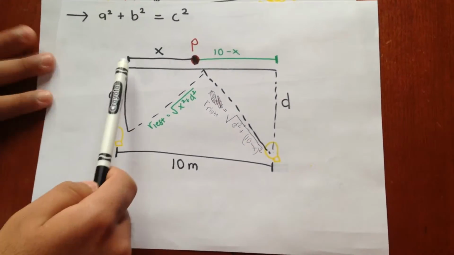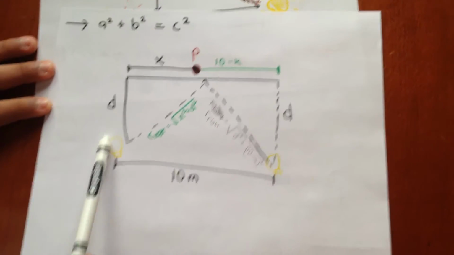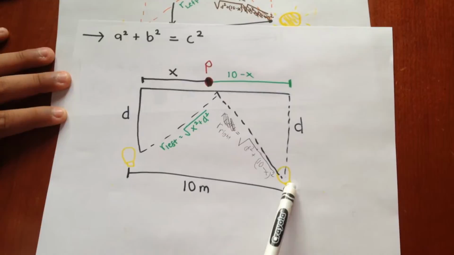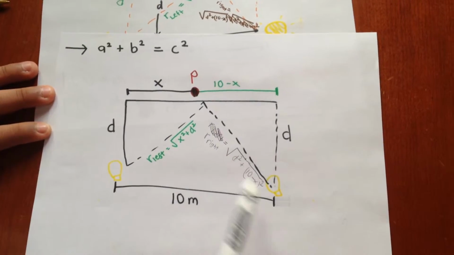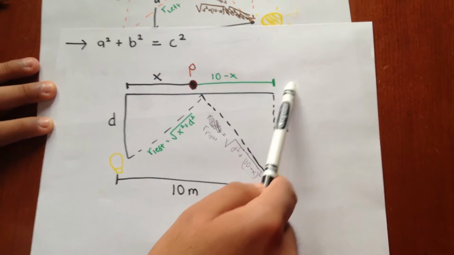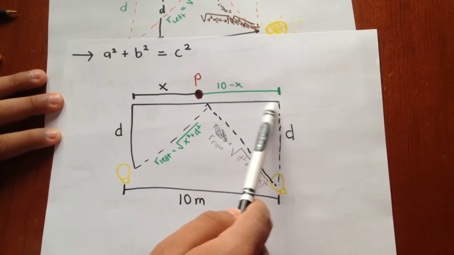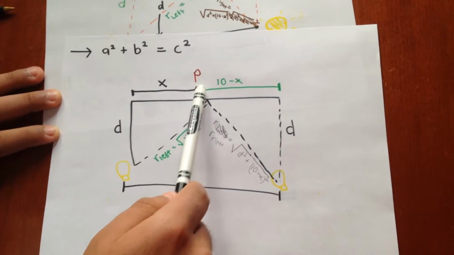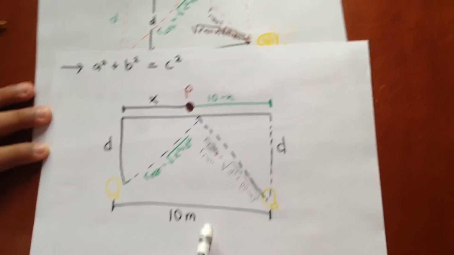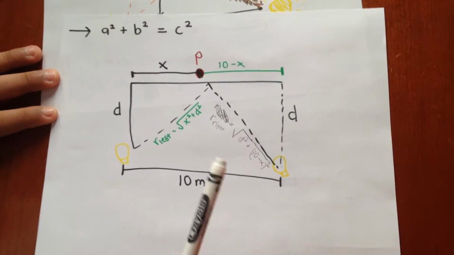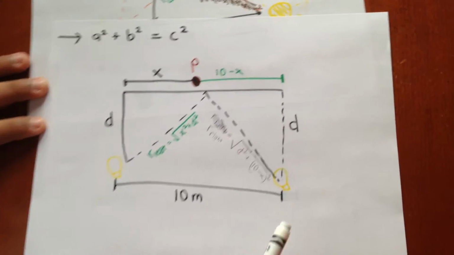And since you're given the total distance from the light bulb on the left to the light bulb on the right is 10, you know that this right here must be 10 minus x, because x plus 10 minus x equals 10. So, as mentioned earlier, we're using the Pythagorean theorem again.